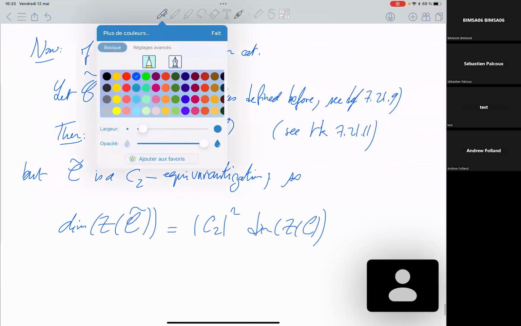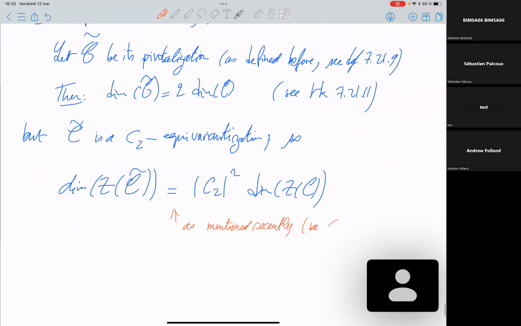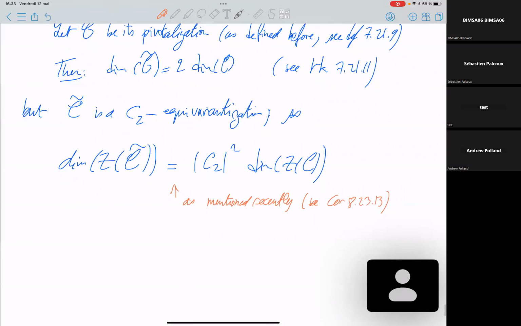As mentioned recently, Corollary 8.23.30.